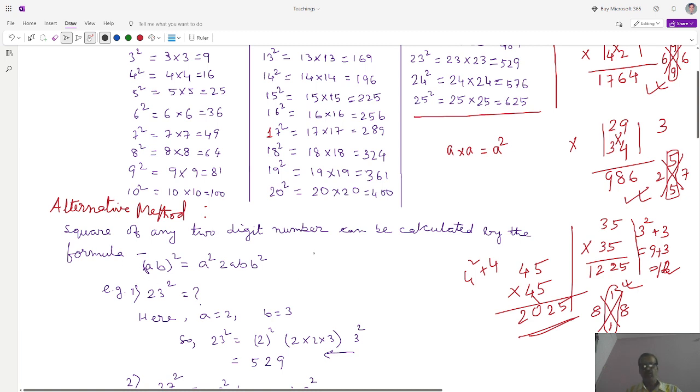We all know a very common algebraic identity: (a + b) whole square equals a square plus 2ab plus b square.